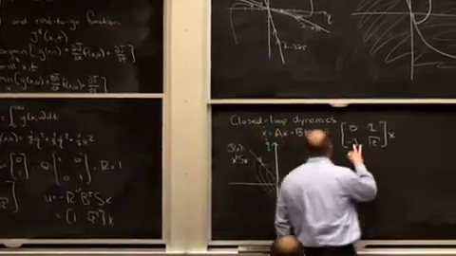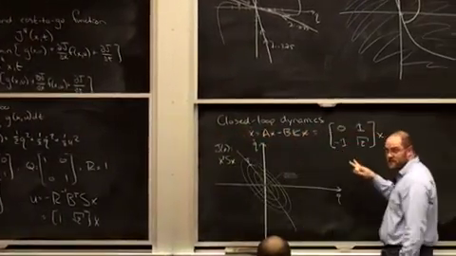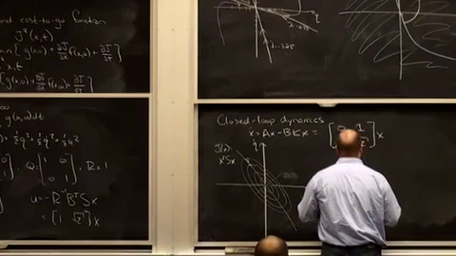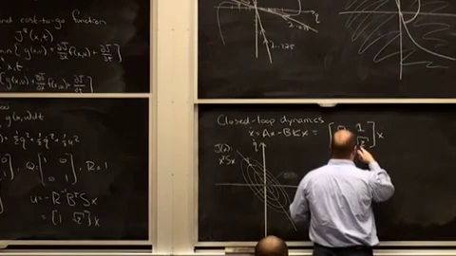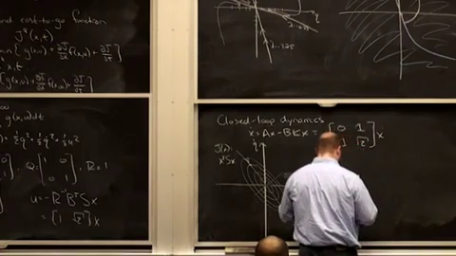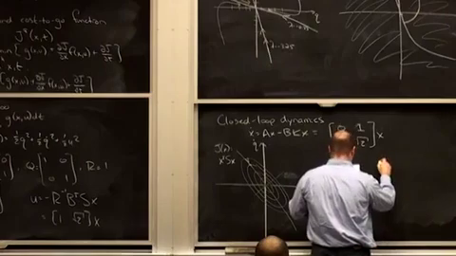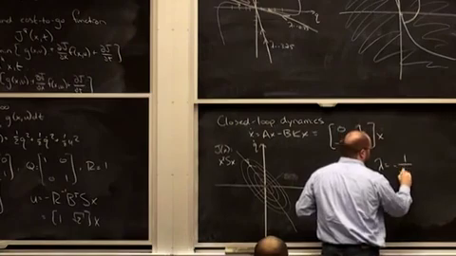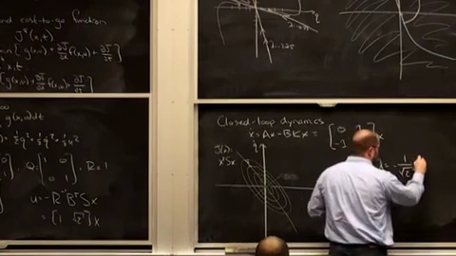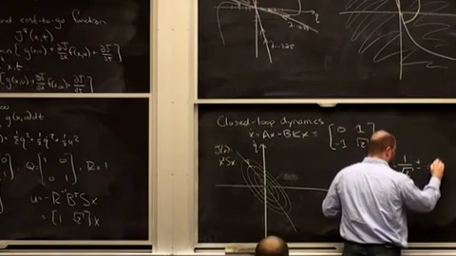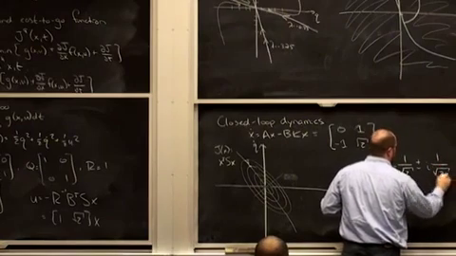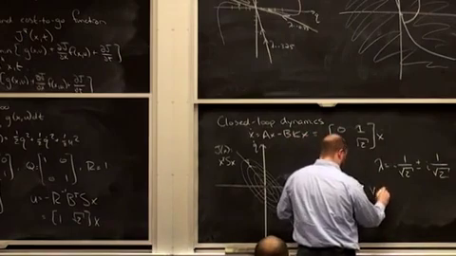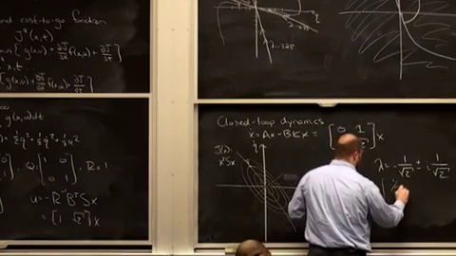And the resulting closed loop dynamics, let's see if we can figure that out. If I take the eigenvectors and eigenvalues of that, it turns out I'm not going to make the plot. My eigenvalues were square root of 2 plus or minus i 1 over square root of 2.